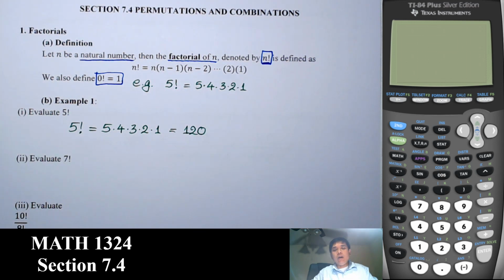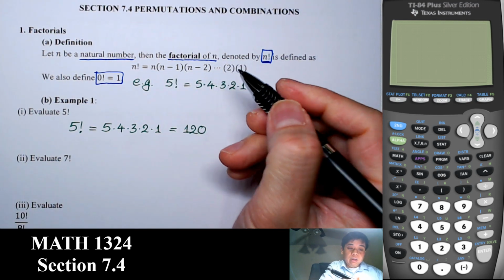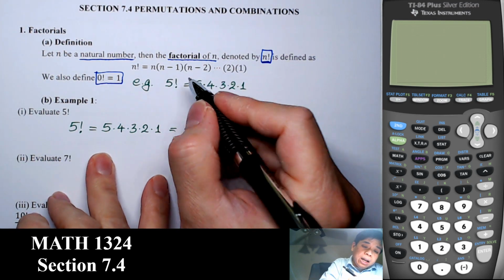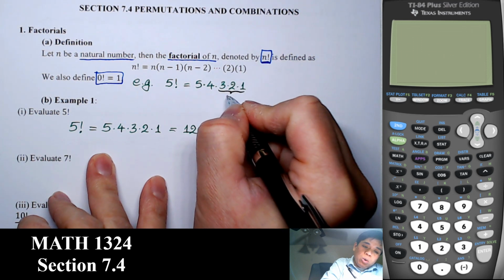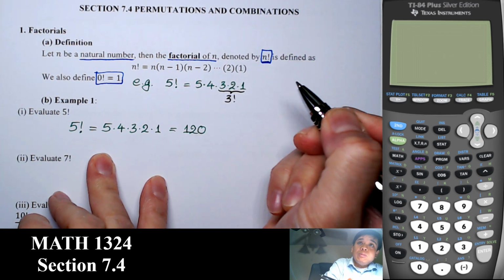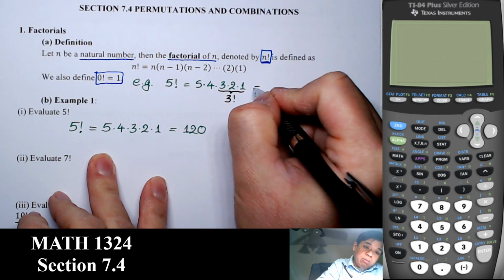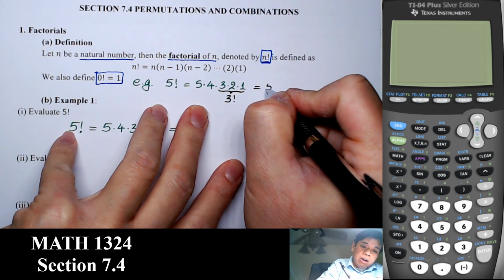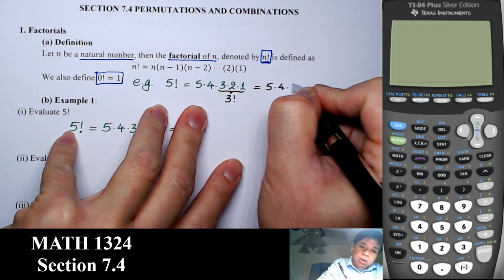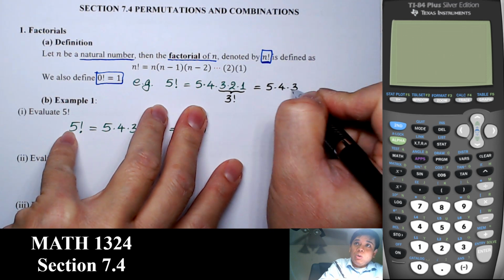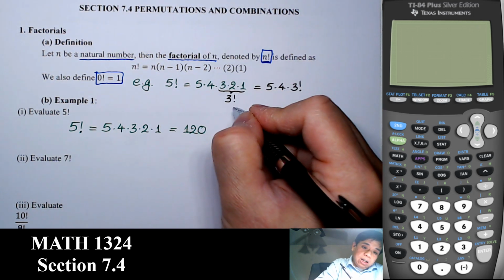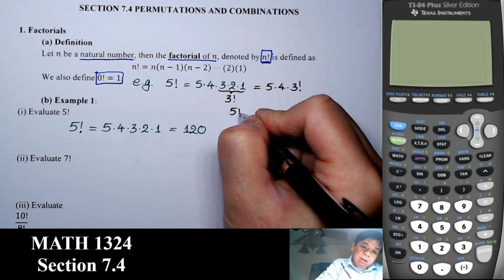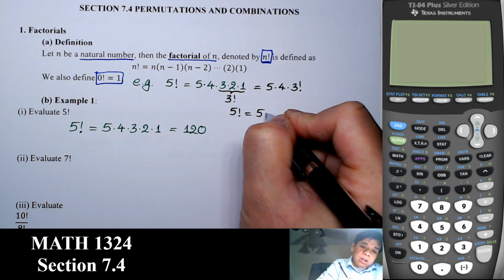One nice thing about factorial is that the notation is very versatile. We can say 3 times 2 times 1 is 3 factorial. So we can say 5 factorial is 5 times 4 times 3 factorial.